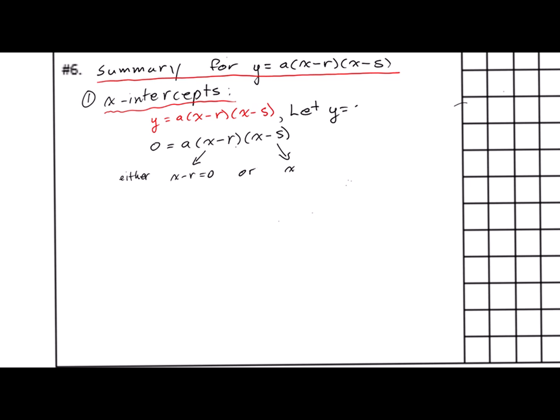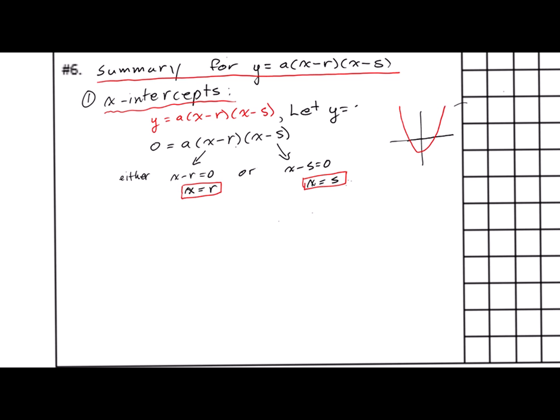When that happens, we can easily solve for our x values. One gives x minus r equals 0, which means x equals r, and the other gives x equals s, just like we predicted by our observations. So just use opposite world for anything that's inside those brackets.